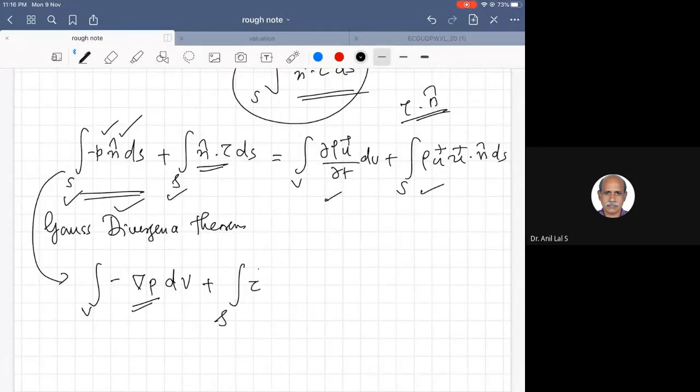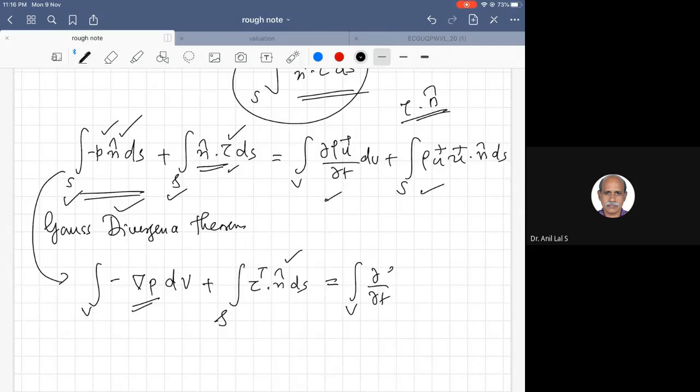We can write it as tau transpose dot n dS. Pre-dotting n with a tensor is the same as transposing the tensor and post-dotting with n. So tau transpose n dS. We will not change this surface integral now; we'll take one more step for doing that.